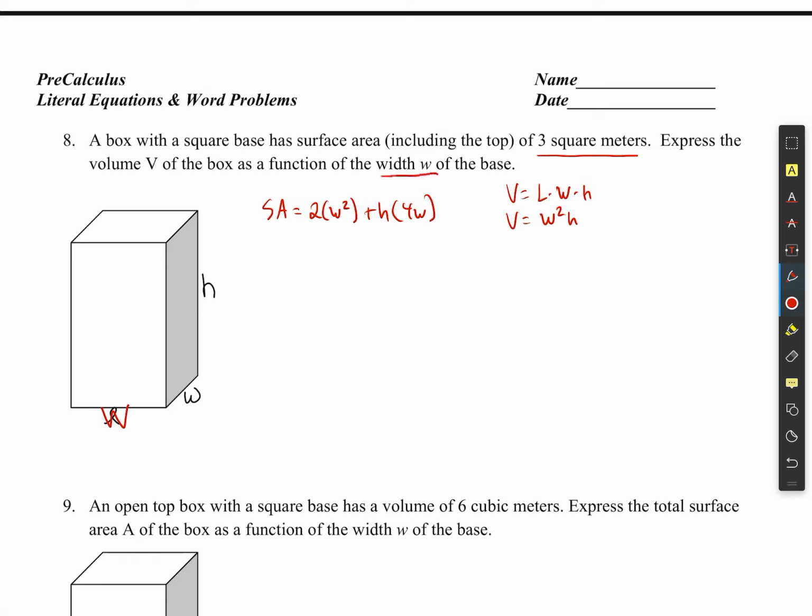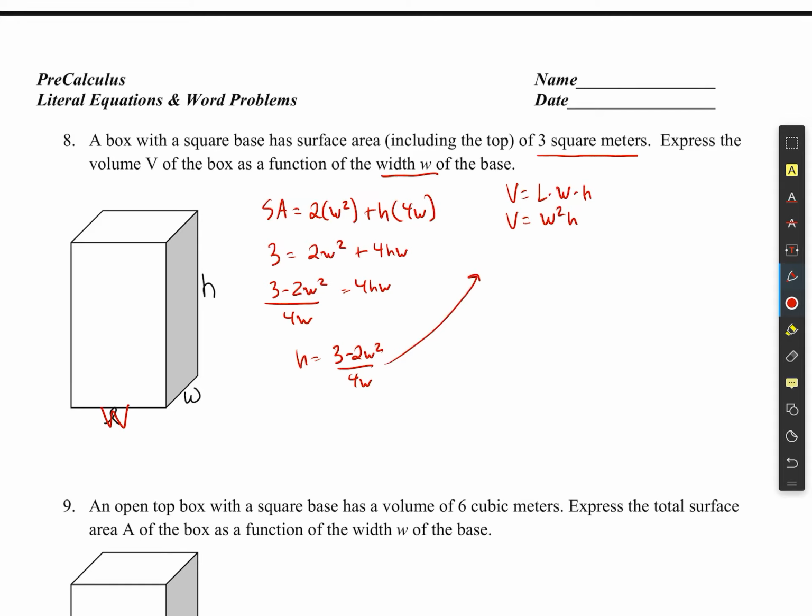Okay, so key thing, surface area is 3. 2 w squared plus 4hw. Subtract that over. Divide by 4w. h equals 3 minus 2w squared over 4w.